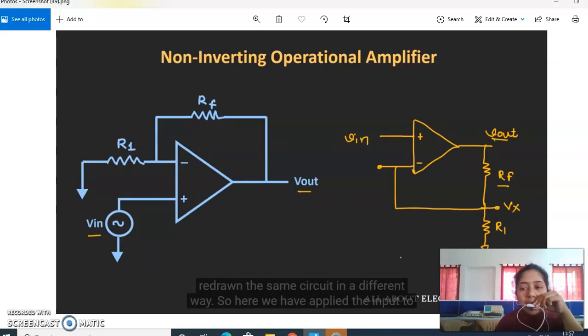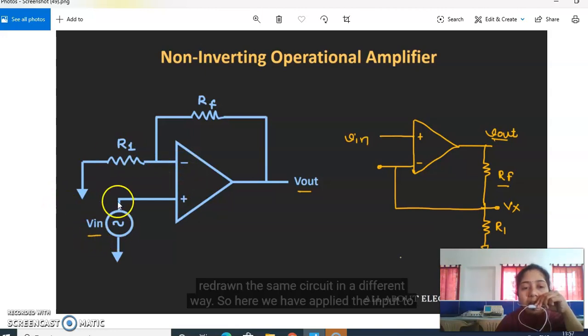Now I can redraw the circuit in a better way so that you can understand it in a very flexible manner. Here the input voltage is applied at the non-inverting terminal, and the input resistance is connected to the inverting terminal of the op-amp.